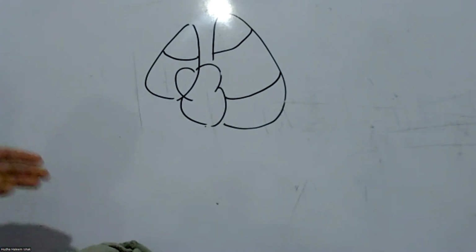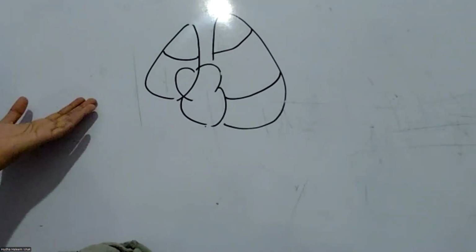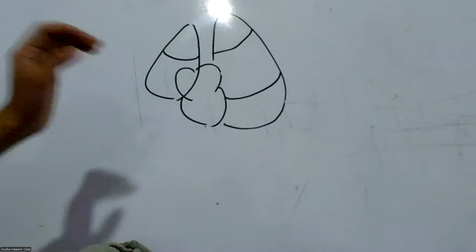So the left lung is smaller than the right lung and has only two lobes, but the right lung has three lobes.